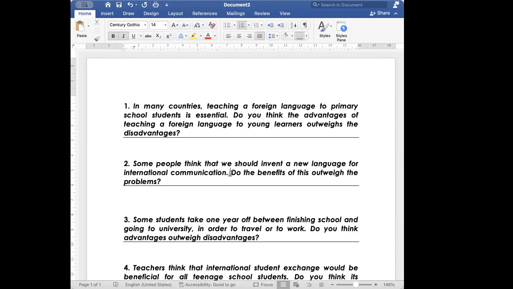You know one thing, that language and culture are interlinked with each other. Is this much known to you? Language and culture are interlinked with each other. Is that much clear? Yes, ma'am. If language and culture are interlinked with each other, then supposing we invent a new language, will it be linked with any culture?